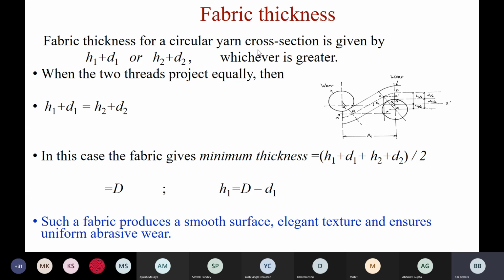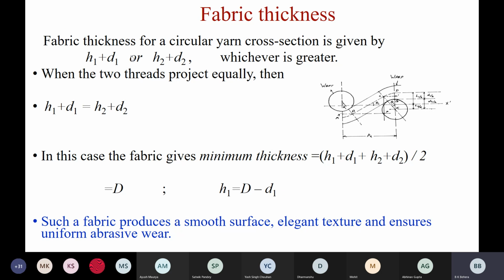Not necessarily our diameter of yarn, warp and weft is always same. We normally try to make a balanced fabric. Balanced fabric means where the count of warp and weft both are same, but there is no hard and fast rule. We can take a coarse yarn, coarse warp and fine weft, or vice versa. So in that case, D1, D2, H1, H2 value will be different. But obviously, if we want to find out the thickness of the fabric, we have to consider the higher diameter one.